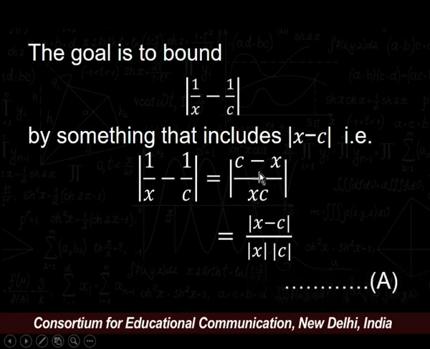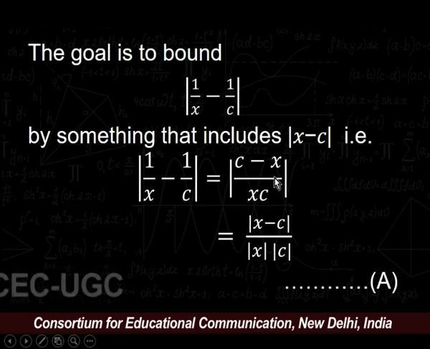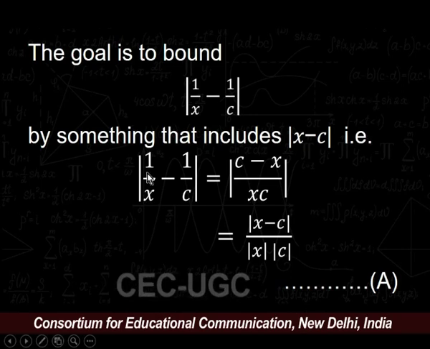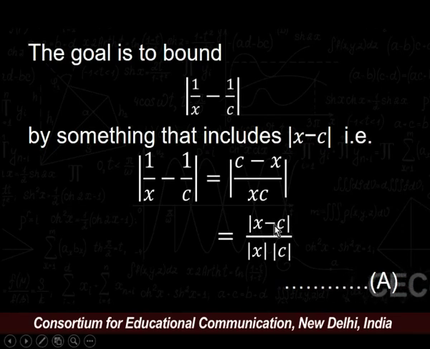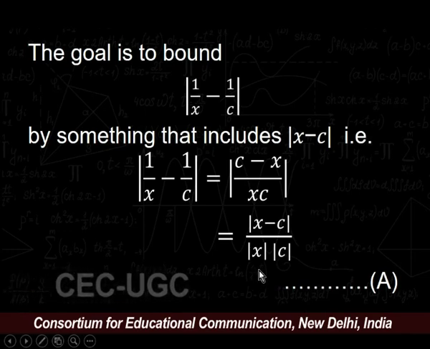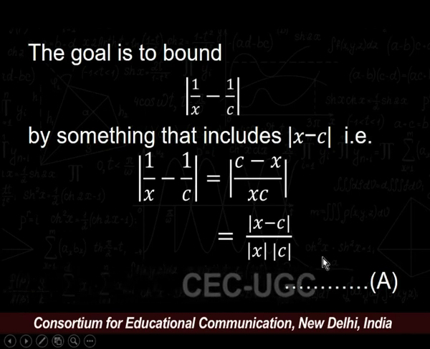If we separate this, we can write |1/x - 1/c| = |x - c|/(|x||c|). This is our expression A.